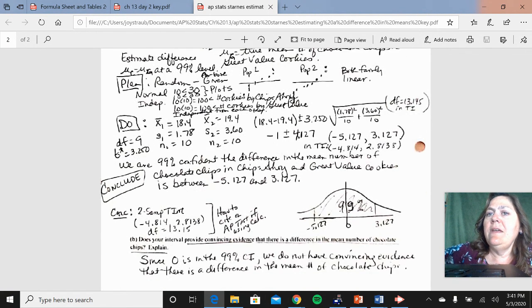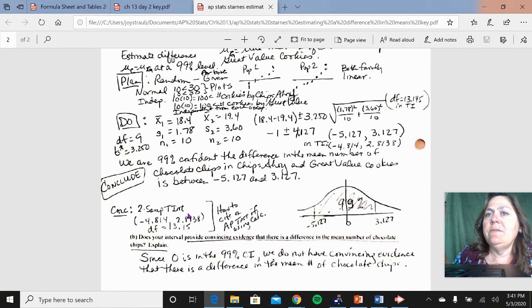All right, so anyhow, here's if you ran the 2-sample t interval, I just put that down there. And remember, I just wanted to remind us how to cite all those pieces. I didn't put it on this paper, but it's in the notes. Remember, your sketch for confidence intervals is just your interval. Our hypothesized value in the middle, which is the difference, is 0, and you have 99% around it.